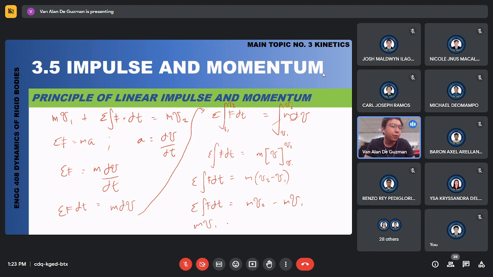M v sub 1 plus summation ng F dt is equal to m v sub 2. So ito na po yung ating general formula. Whereas nandito yung ating initial momentum, plus pala ito. Nandito yung ating summation of all the impulses and equal siya sa ating final momentum.